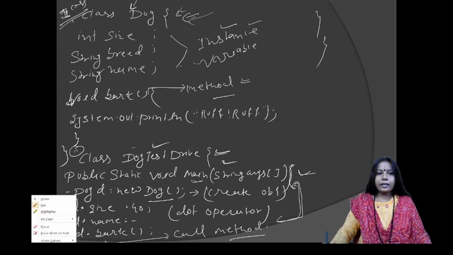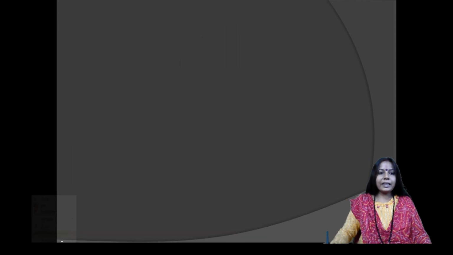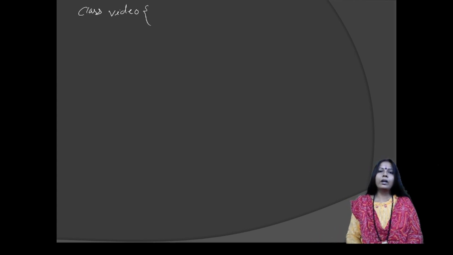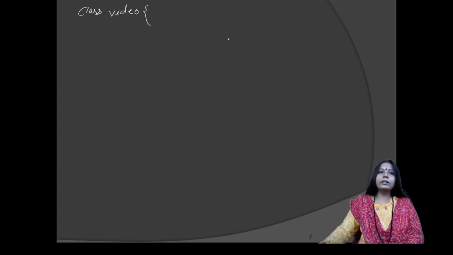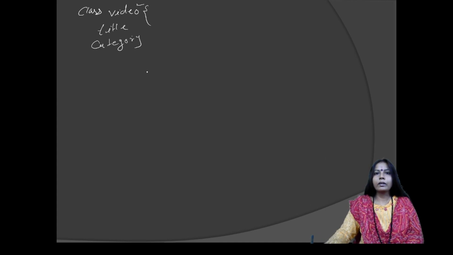Okay. Here I also like to use a second example only for the understanding purpose. This is the common example. Suppose you try to create a class as a video. So now think about the common variable regarding this. Here I can use title, category, and rating.